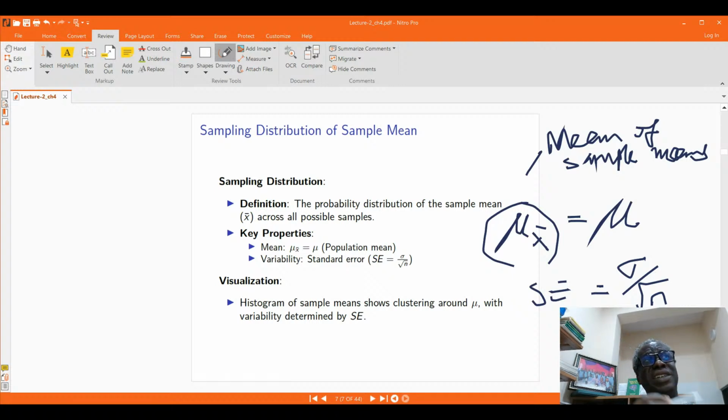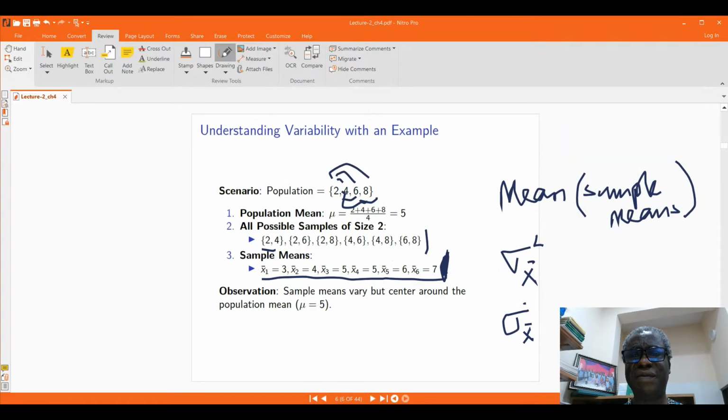So in that example, the sample size is 2. The standard deviation will have to be obtained from here. We didn't compute it, but you can compute it, which means it is the standard deviation of this divided by the square root of how many samples you are taking each time, which is 2.